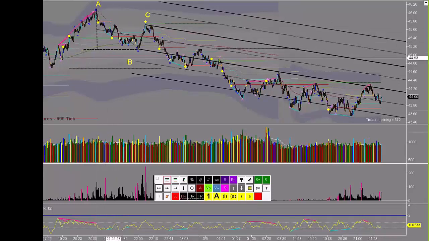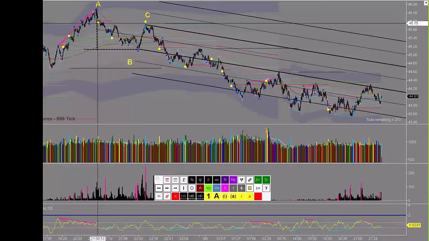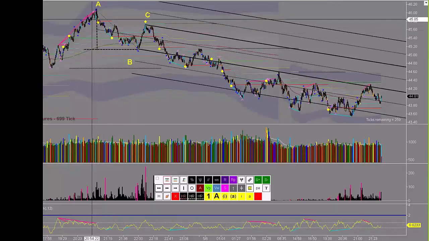You would see that the A point would have moved 50% down in terms of price.